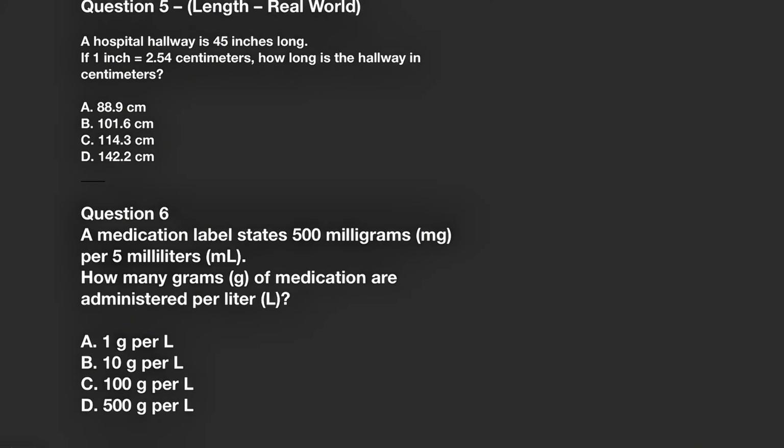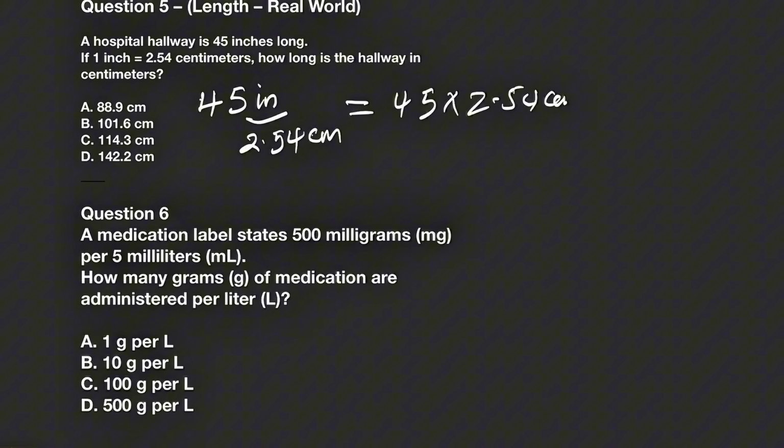So we have 45 inches. Now, 1 inch is 2.54 centimeters. So this is going to be 45 times 2.54 centimeters, which is equal to 114.3 centimeters.